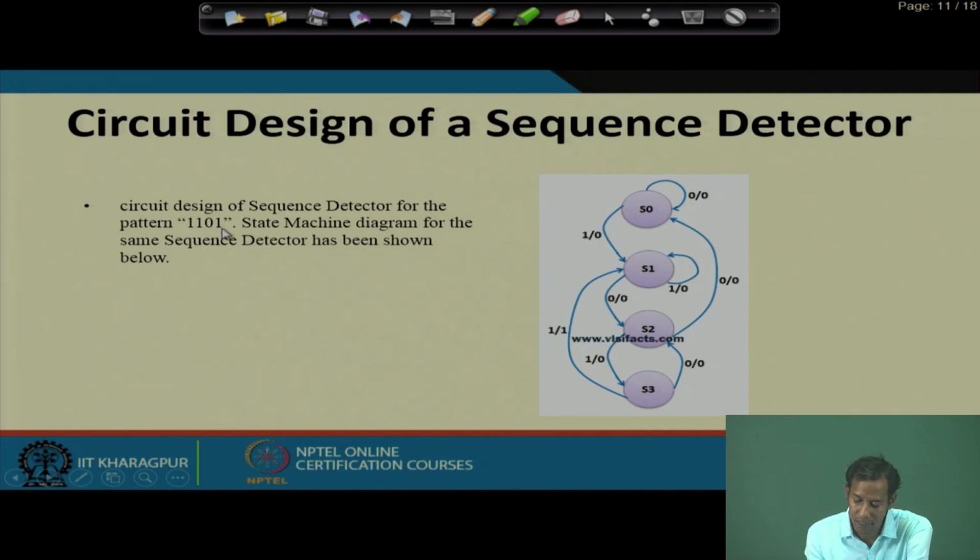At the very beginning, we are in the S0 state. If the input bit is 0, it stays in S0, because the first bit of the pattern has to be 1. Only when the bit is 1 will it go on to find the next part of the sequence.